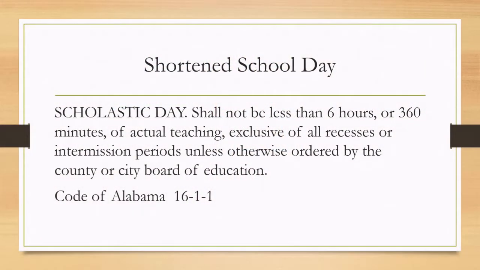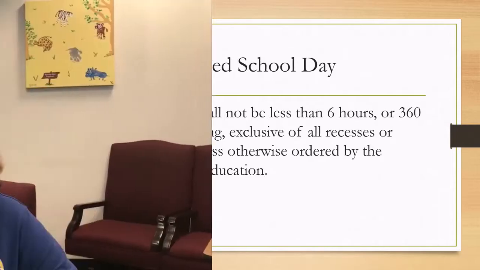The start and end times for the school day must be the same for students with disabilities as for their non-disabled peers. The scholastic day shall not be less than 6 hours or 360 minutes of actual teaching, exclusive of all recesses and intermission periods, unless otherwise determined by the county or city Board of Education, Code of Alabama 16-1-1.